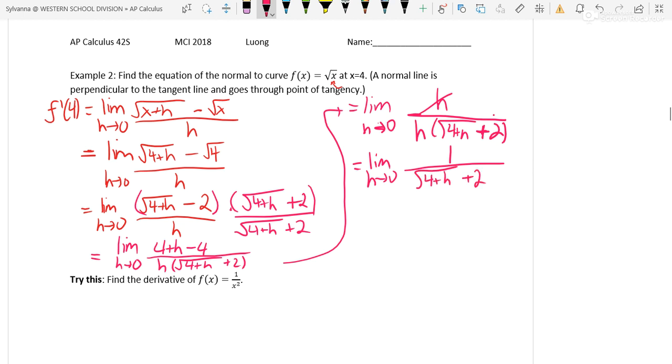And now we're okay to plug in the 0 for where the h is. So this will be 1 over the root of 4 plus 0, which is just going to be 4 under the root sign. So that's 2 plus 2 in our denominator, so that's 1 over 4.